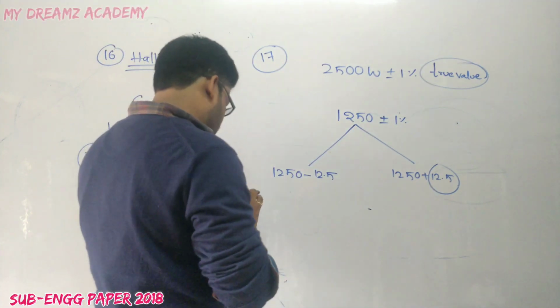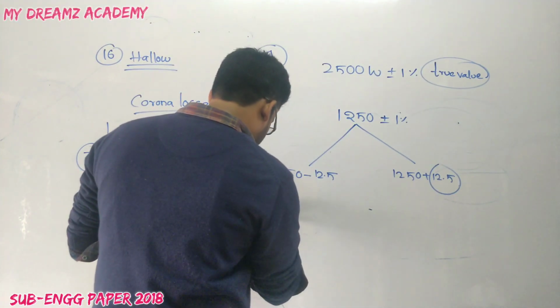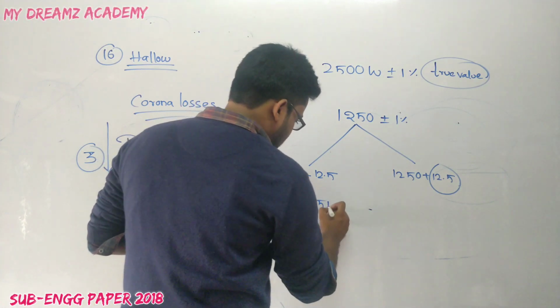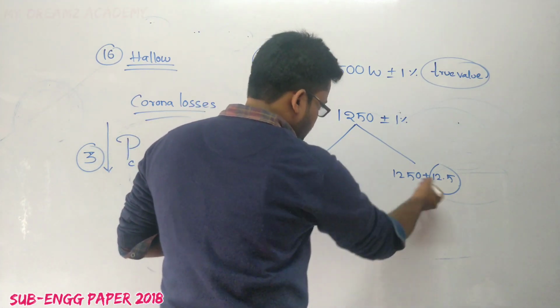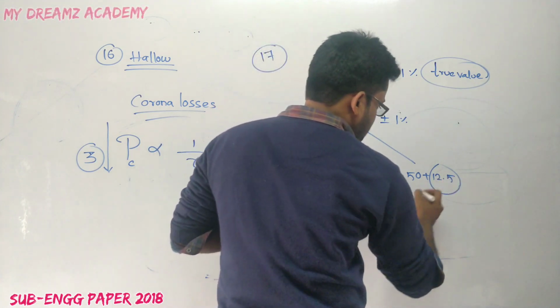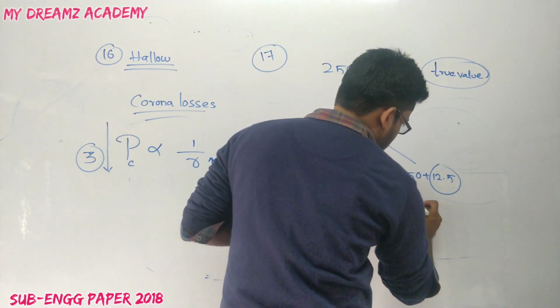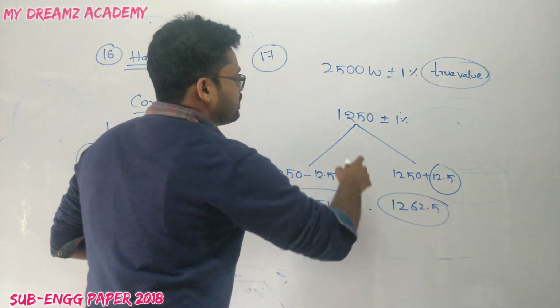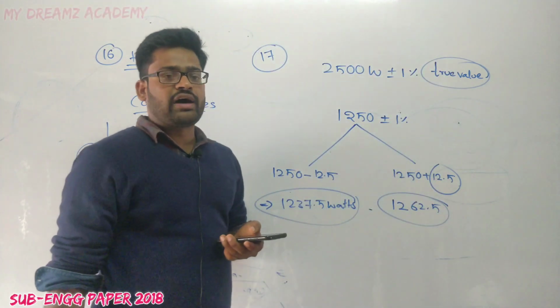So 1250 minus 12.5 will give 1237.5 watts and 1250 plus 12.5 will give 1262.5. So this is the range if it is given for a true value.